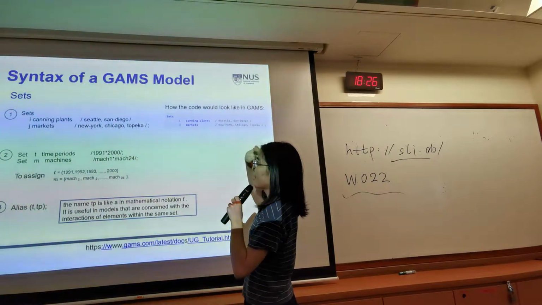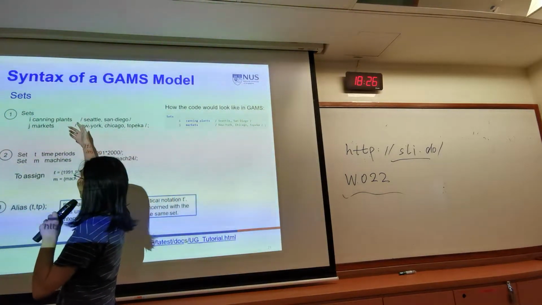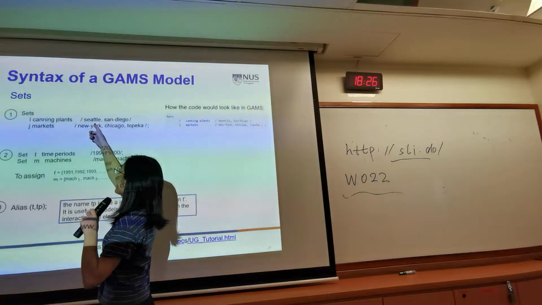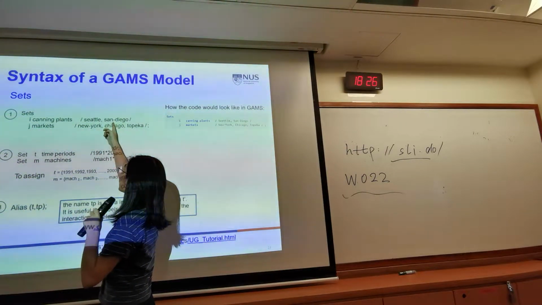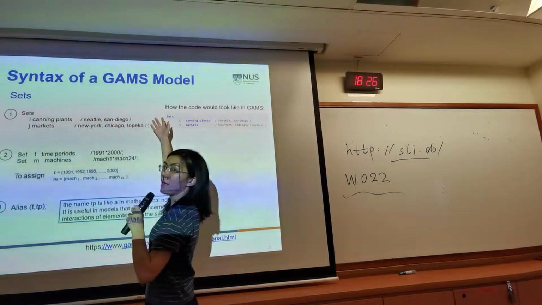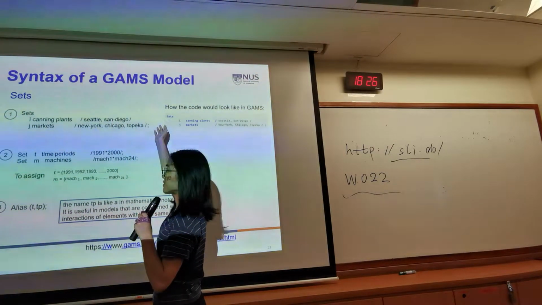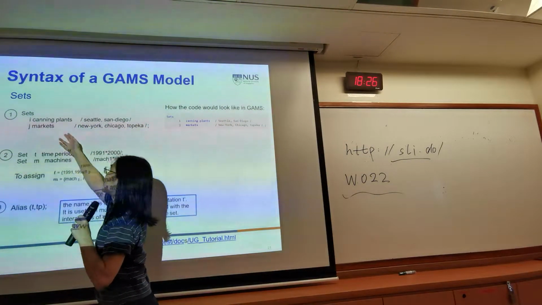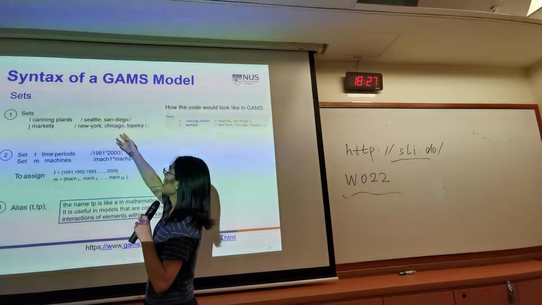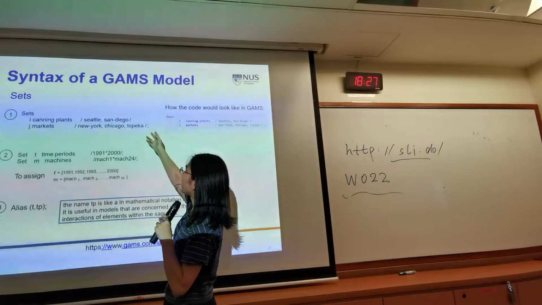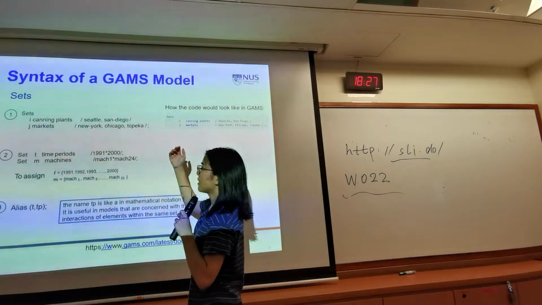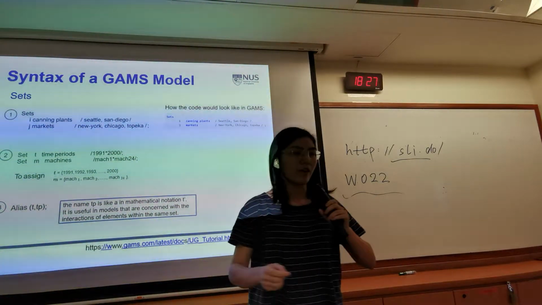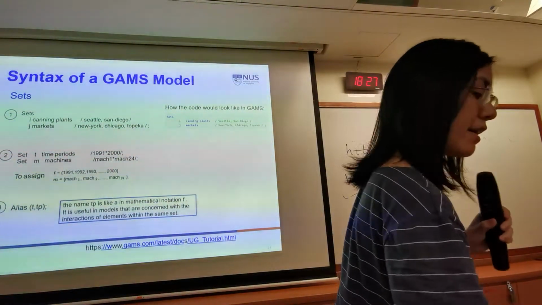For example, here I means canning plants, which include a category of Seattle, San Diego, and you can also add other places, etc. And we define another set as markets, which is New York, Chicago, Topeka, etc.